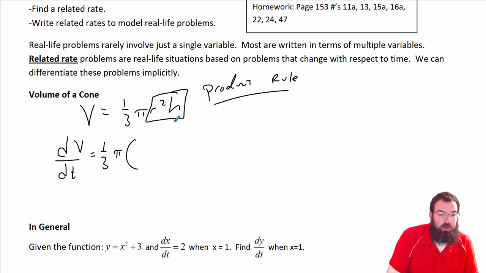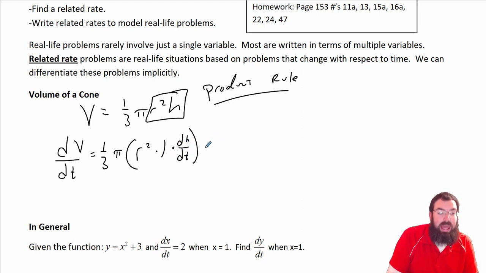I'm going to take the derivative, and it doesn't really matter which is u or v. So this is going to be r squared times 1, because the derivative of h is 1, times dh over dt.